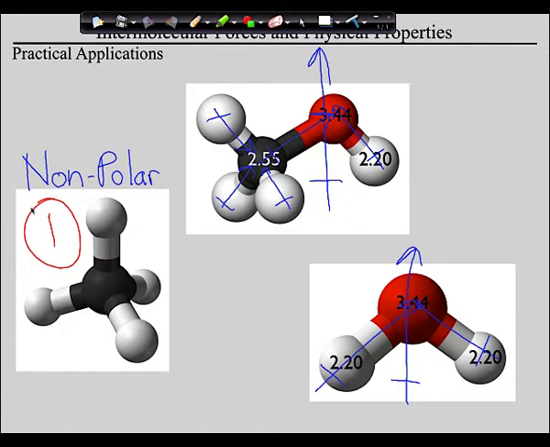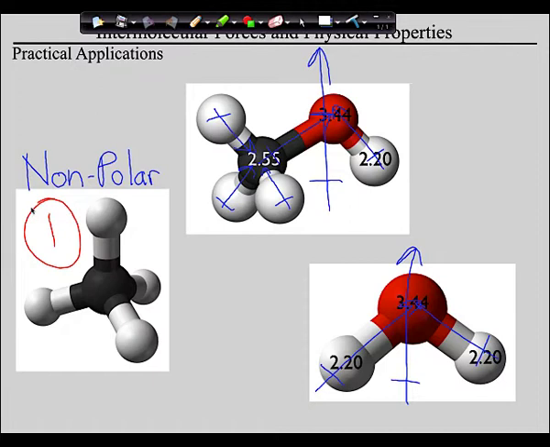Well, guys, we can ignore one of these oxygen-hydrogen bonds because both molecules contain it. So now we've got to look at these bonds. This oxygen-hydrogen bond and this oxygen-carbon bond. Which is more polar? Oxygen-hydrogen or oxygen-carbon? Oxygen-hydrogen, because hydrogen is less electronegative than carbon, and they're both bonded to oxygen.